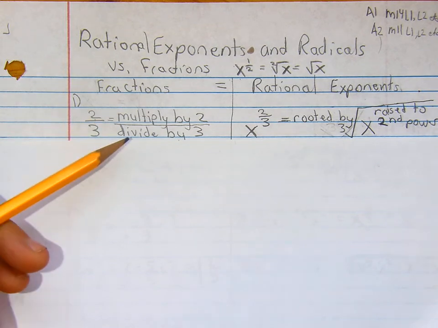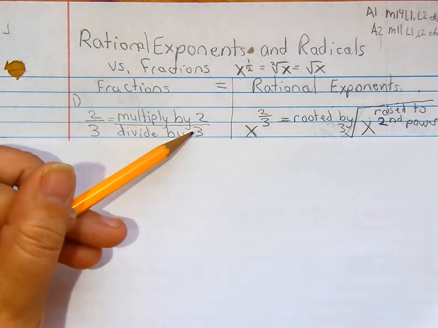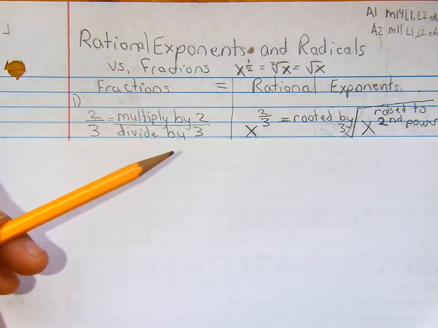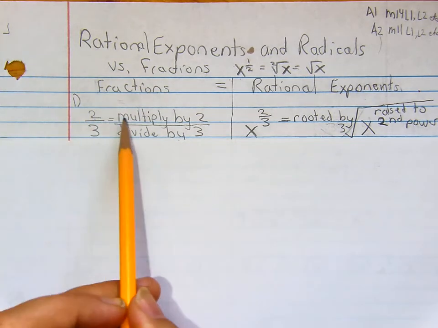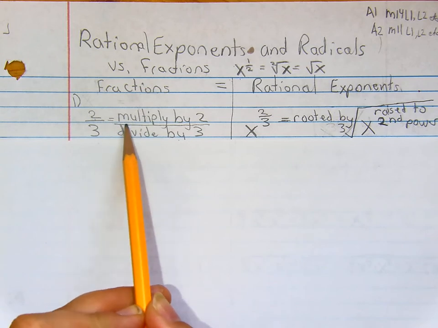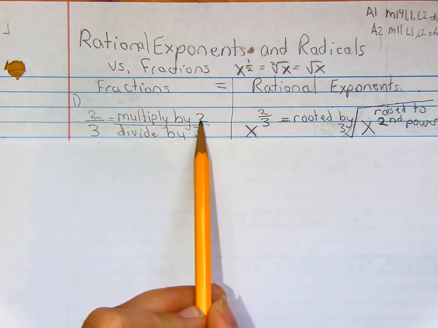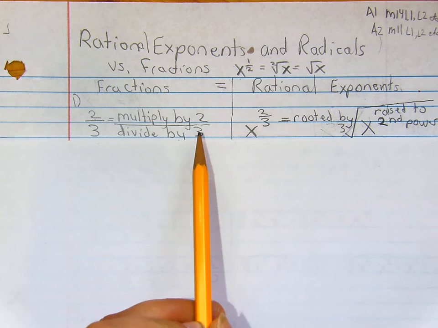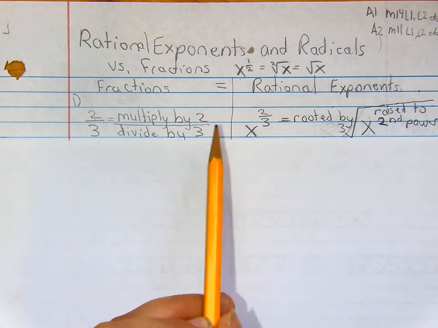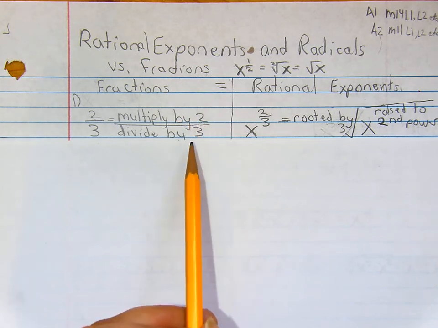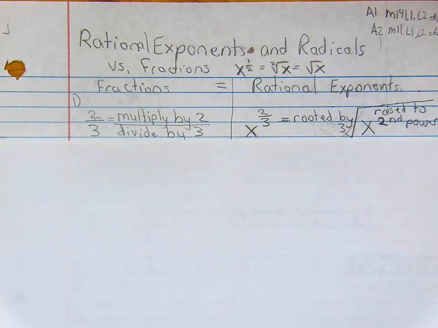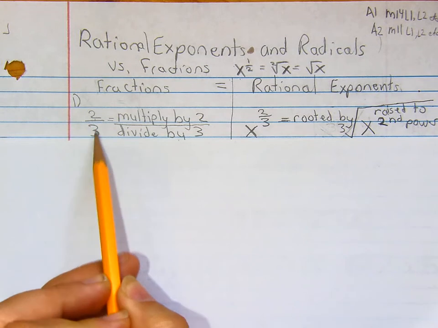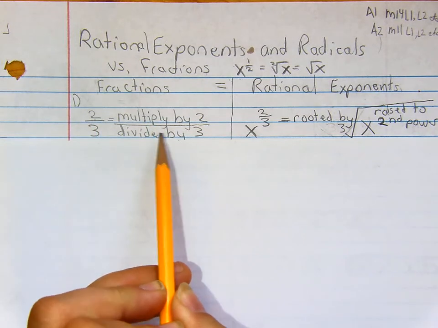Or you can divide by 3 first, because with order of operations these two can go forward and backwards. You can divide first by 3 and then multiply by 2 on a fraction, and you'll get the exact same number as if you multiplied by 2 and divided by 3. So you work it back and forth depending on which is more practical for the problem you're working with. So a fraction: multiply, divide.